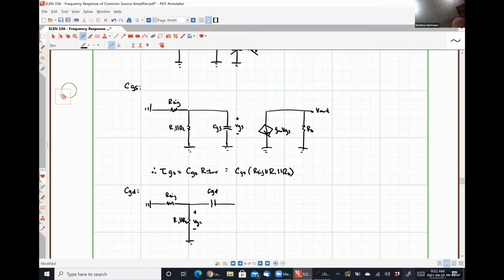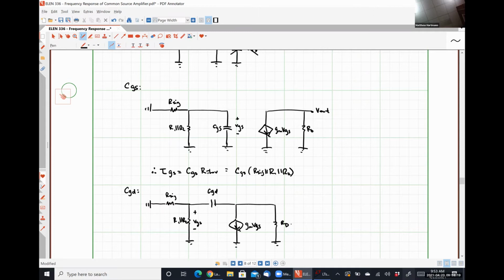Here is VGS. Here is GM VGS. And over here, we have RD. So for this one, it's significantly more difficult to see exactly the resistance that CGD sees by inspection because we have that dependent source thrown in there.